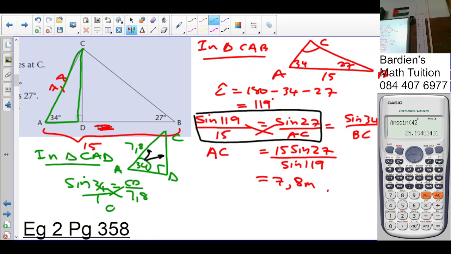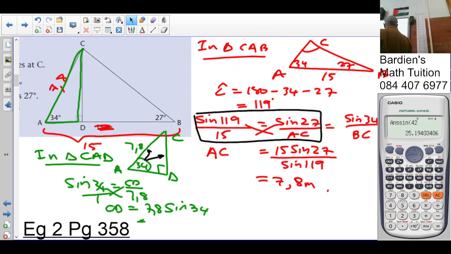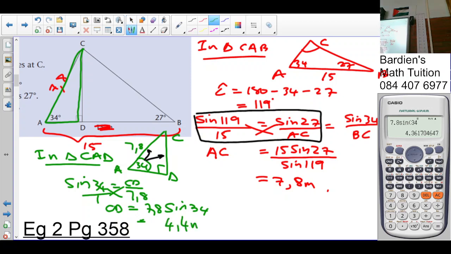Cross multiply, so CD equals 7.8 sine 34, which gives us 4.36. So it's 4.4 meters.